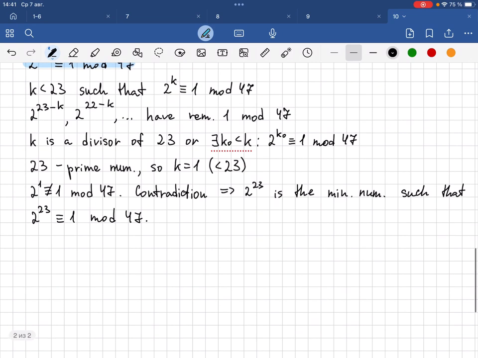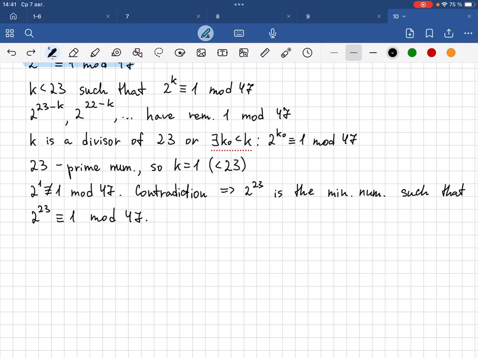So once again, what do we know? We know that 2 to the power of 23 equals 1 mod 47, and there doesn't exist k that is lower than 23 such that 2 to the power of k equals 1 mod 47.